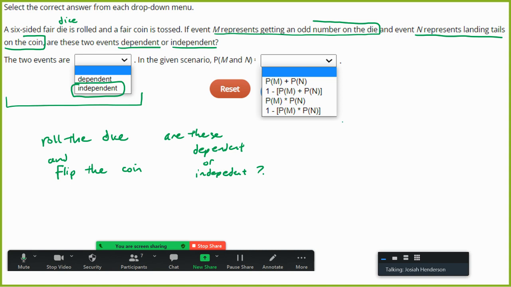So, second part of the question now: in the given scenario, the probability of both events, M and N. They say above what that's supposed to mean. M represents getting an odd on the dice, and N represents getting a tails on the coin.